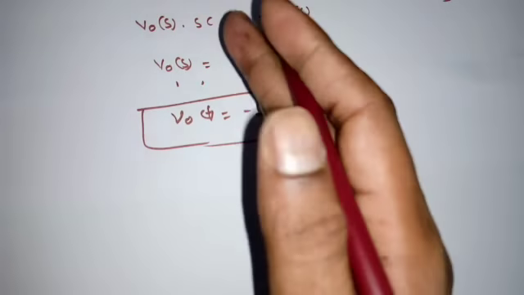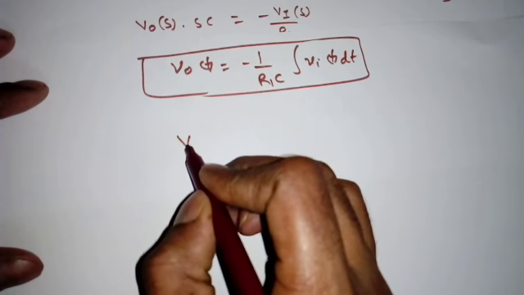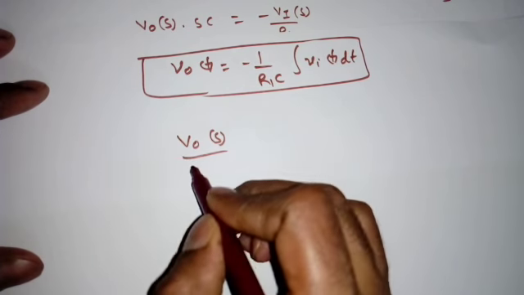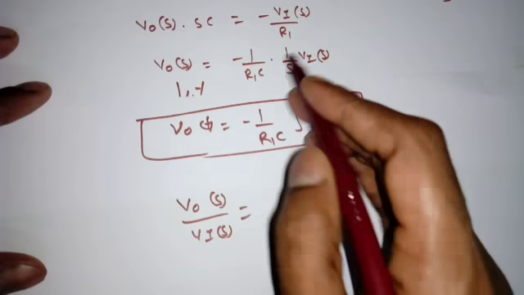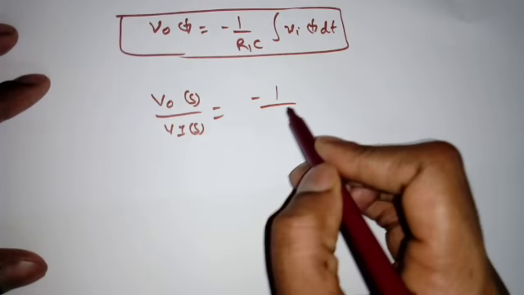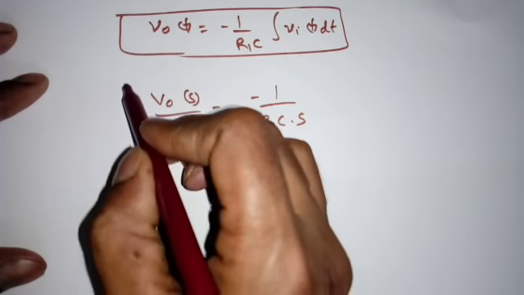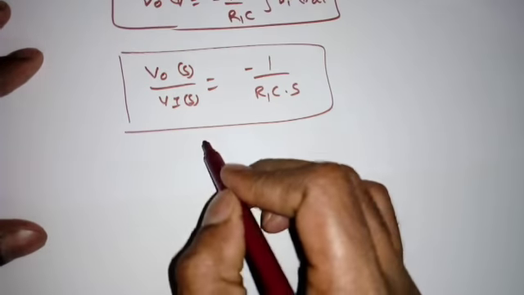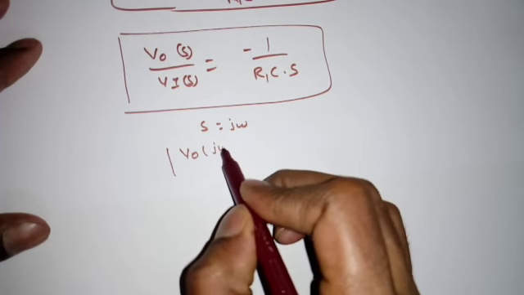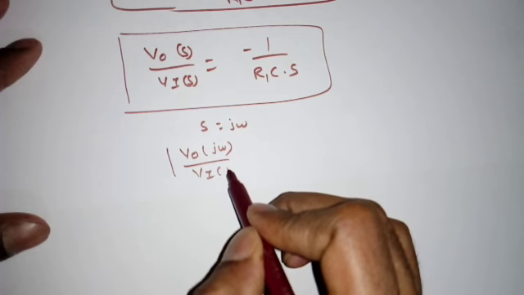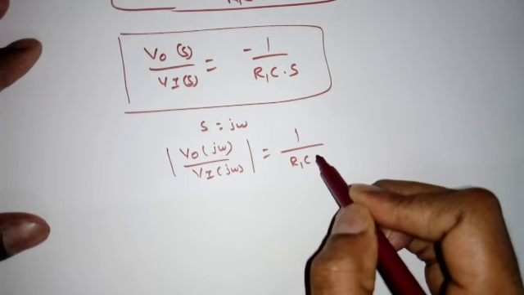Now how can we say that this is a low pass filter? Now again we have to find the transfer function. So V0 of S by Vi of S is equal to, see from this equation, it is minus 1 by R1 into C into S. Again if I substitute S is equal to j omega, so the magnitude will be V0 of j omega by Vi of j omega is equal to 1 by R1 C into omega.